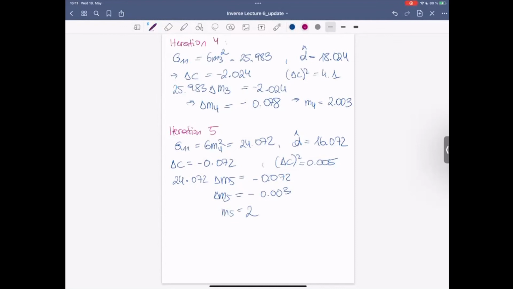Let's just check for sure if we really converge to our solution. In the last iteration, we get G11 is 6 times M5 squared equals 24.